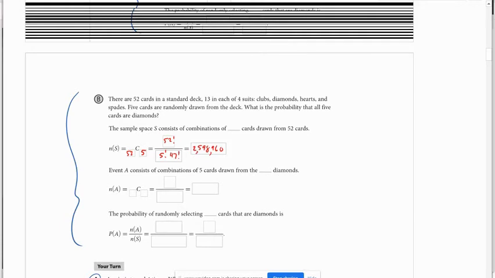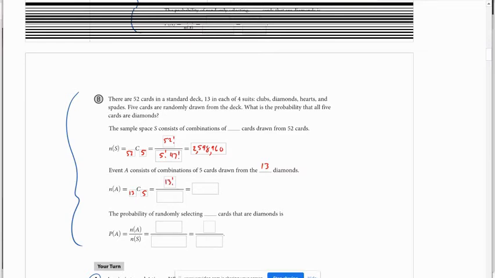Okay, and then event A is combinations of 5 cards drawn from the diamonds. There are 13 diamonds in every deck. There's 13 diamonds, 13 hearts, 13 clubs, and 13 spades. And so we have 13 diamonds. We want to see how many ways there are to choose 5 of them.